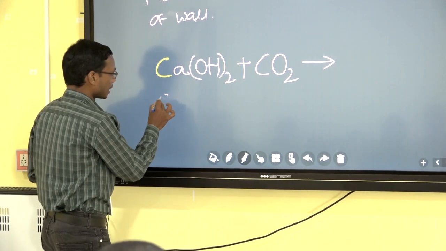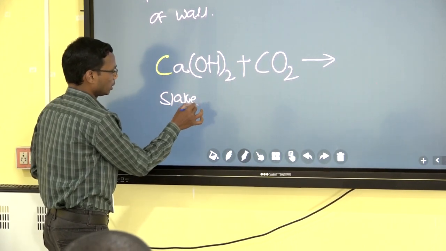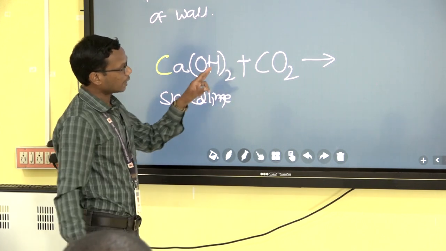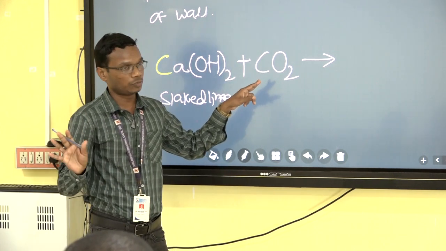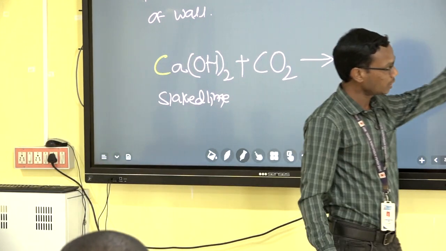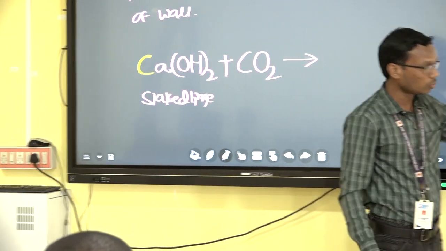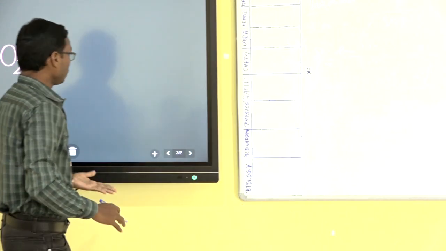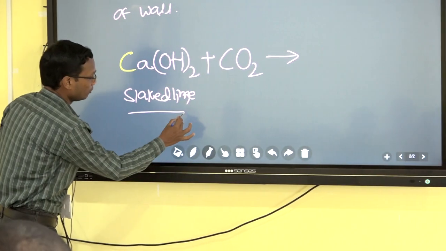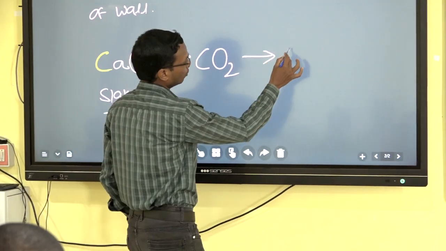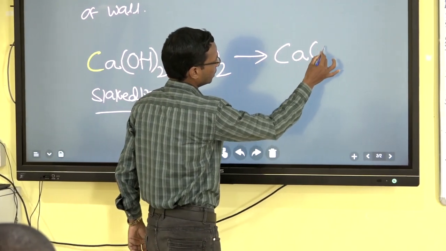When this slaked lime combines with carbon dioxide gas of the atmosphere, we get a whitewash on the wall. Then this slaked lime comes in contact with carbon dioxide and forms another compound, CaCO3.